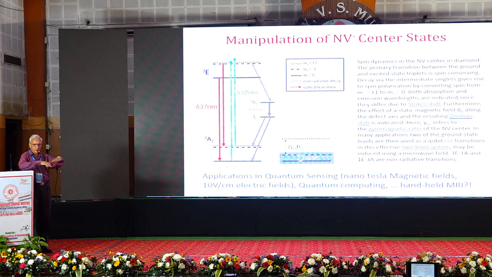And also, because you can spin polarize them, you can do something very fancy. I'm just done in 1 minute. So you can crush this NV center diamond where all the spins have been polarized, and put it in water. It won't dissolve, but the spin polarization in the NV minus centers in the diamond will be transferred to the nuclei of the water molecules. And then you filter out the diamond particles and get a patient to drink this water, and then ask them to do an MRI.